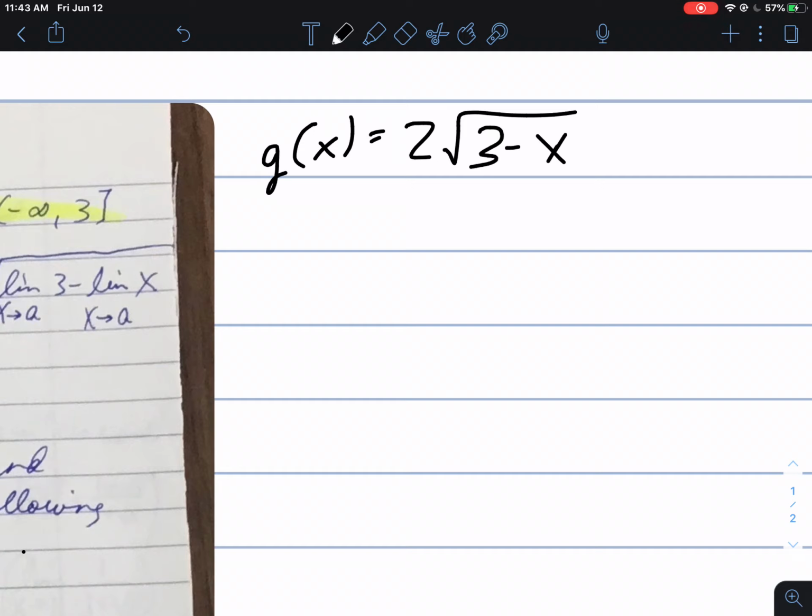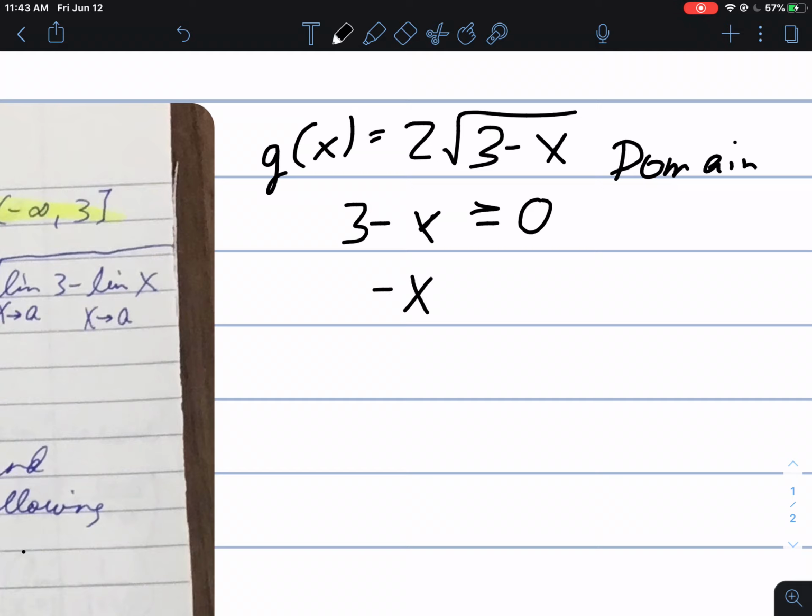How do you determine the domain of that function? Well, it's a square root function, and for a square root function, we know that the radicand cannot be negative. The radicand has to be greater than or equal to 0. So for any square root function or even index, that's how we find the domain. We take the radicand, set it greater than or equal to 0, and then we solve it for x.